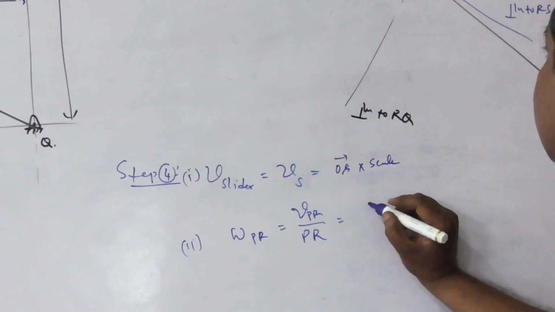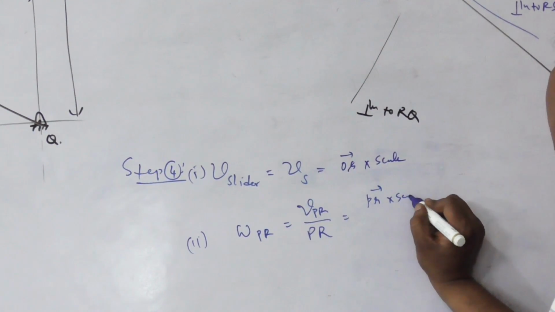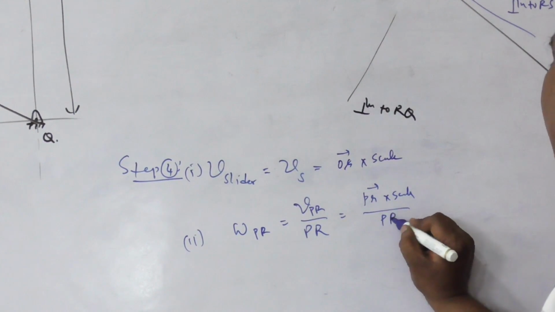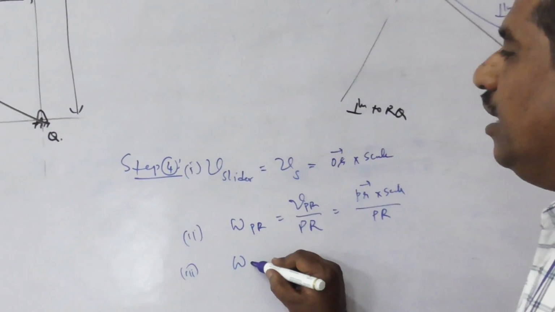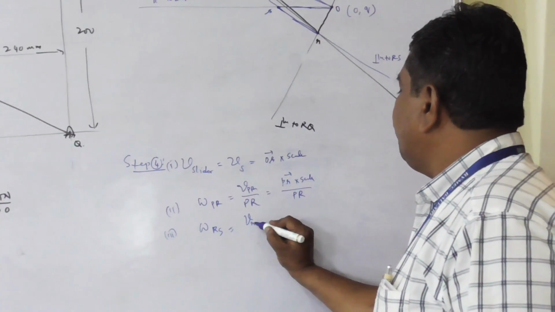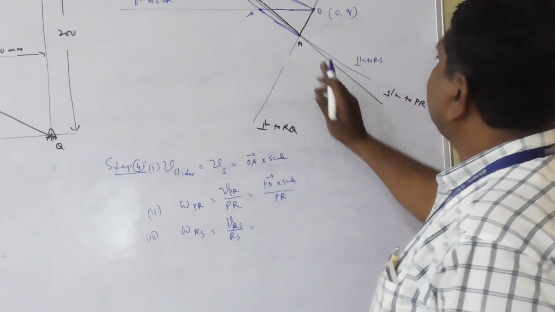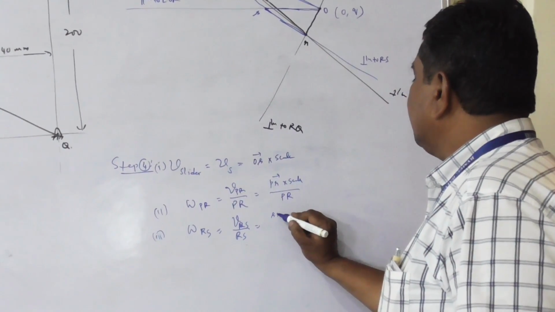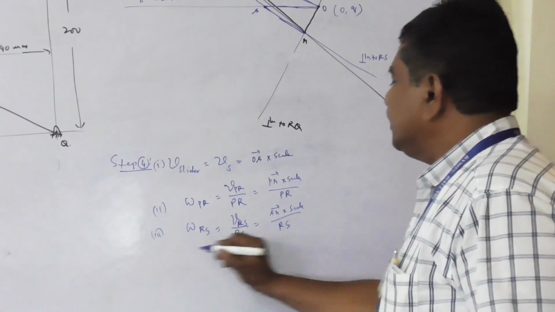Velocity of PR is vector pr into scale, divided by PR. The third one is angular velocity of link RS, which is velocity of RS by RS. Velocity of RS is vector sr into scale divided by RS.